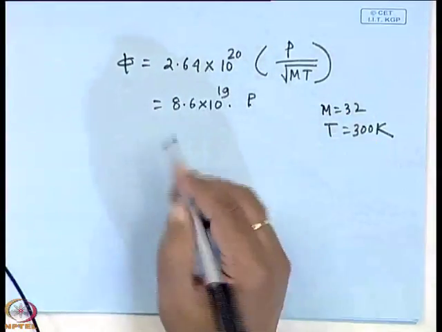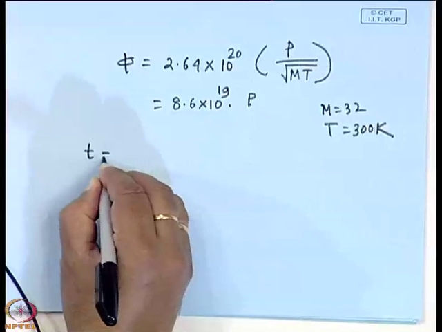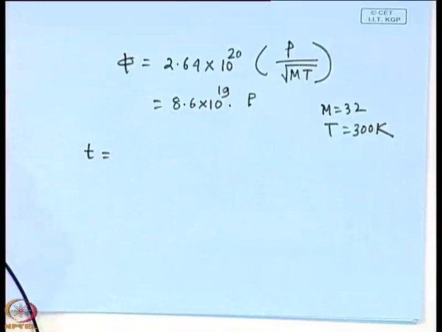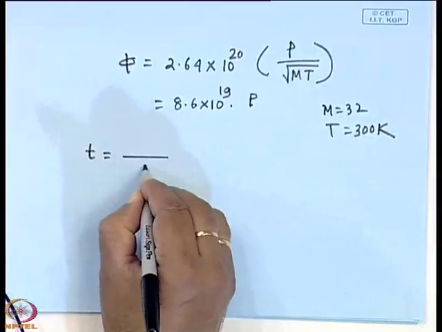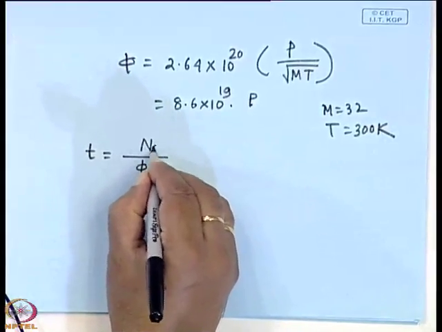Then time, because in this example you see that we must find the time to form a monolayer. So, time t equals Ns by phi.